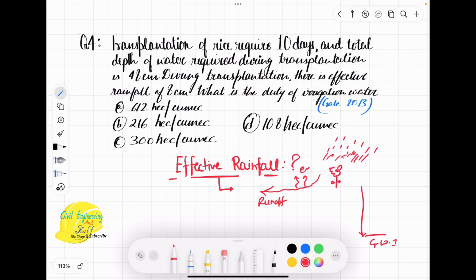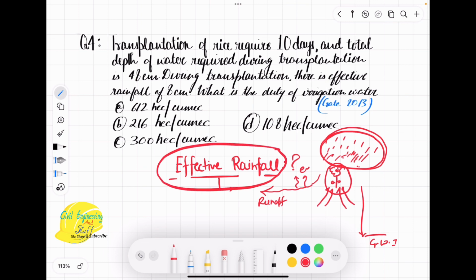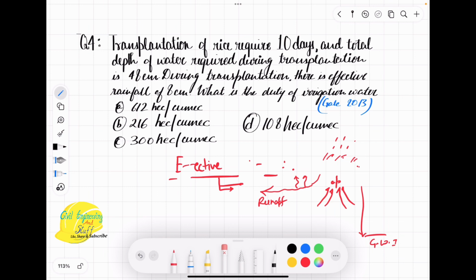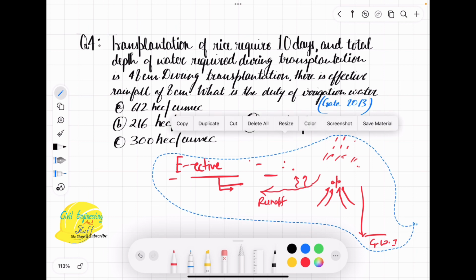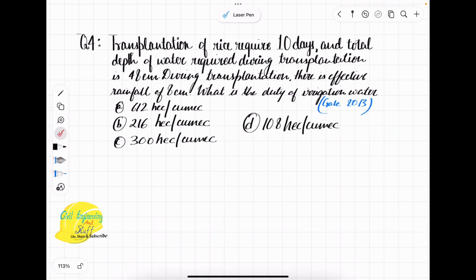Out of the total quantity of rainfall that has happened, the part of the rainwater that this plant will use to fulfill its water requirement is what we call the effective rainfall. Now in this question we have been given the data regarding the effective rainfall, and it is 8 centimeter.